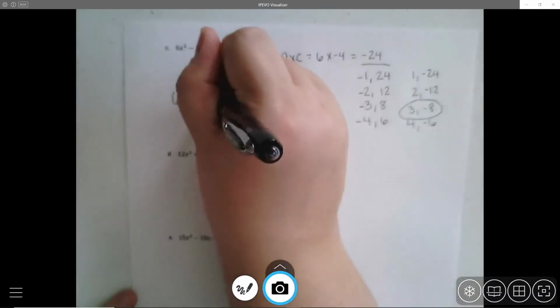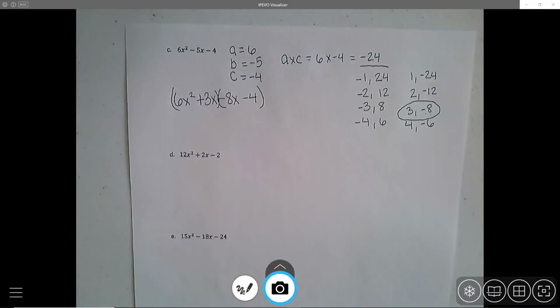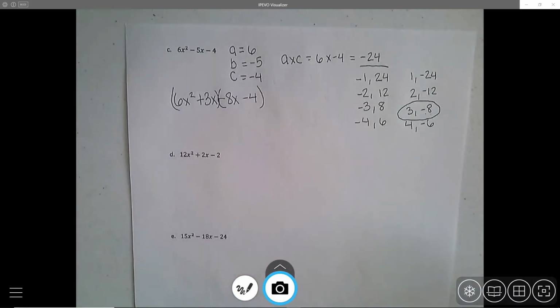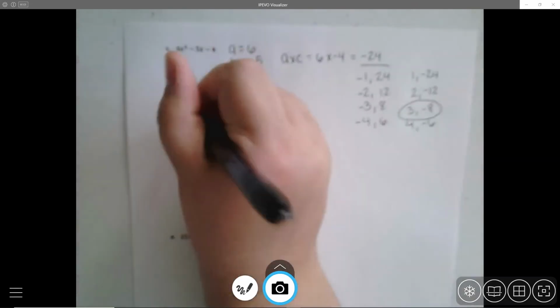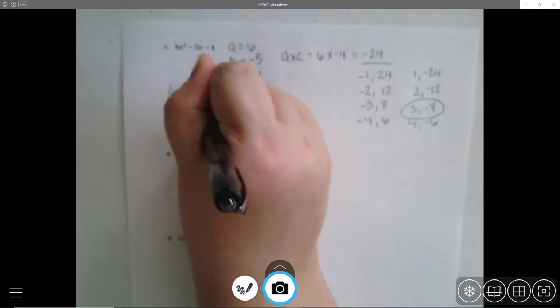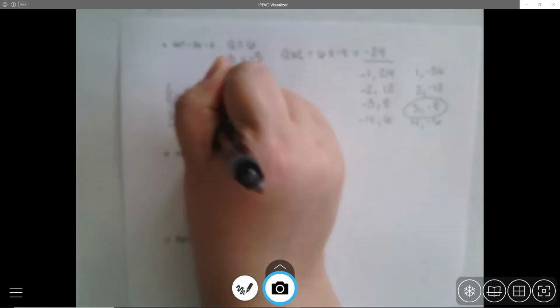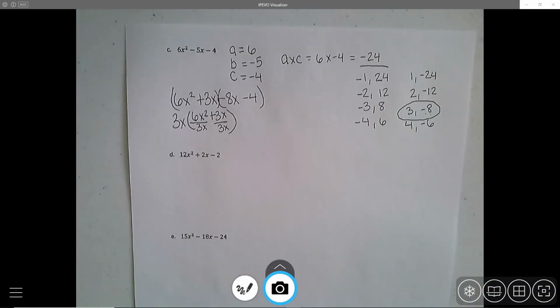Once you have split, I'm going to group the first 2 terms and the last 2 terms. Here on the first term, I'm going to find the GCF. The GCF of 6x squared plus 3x is a 3x. And I'm going to factor that out. To factor it out, you take your original problem and you divide by it.